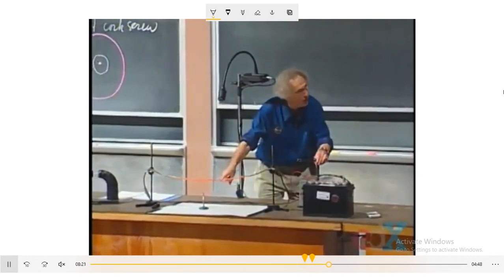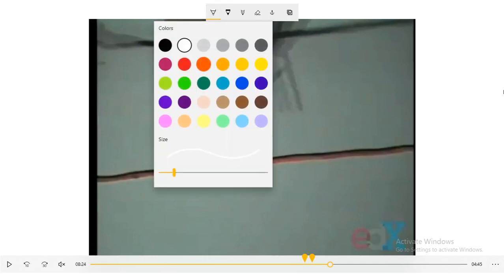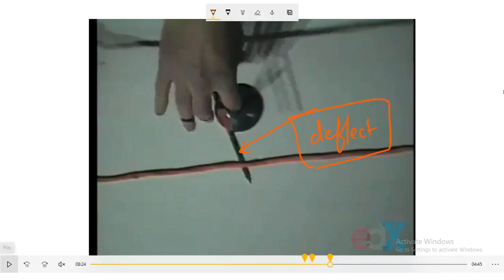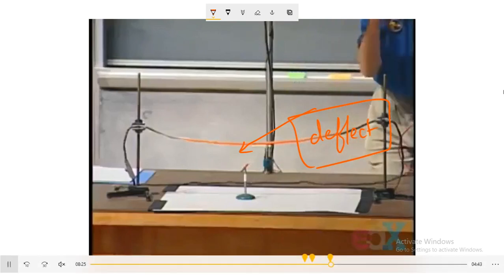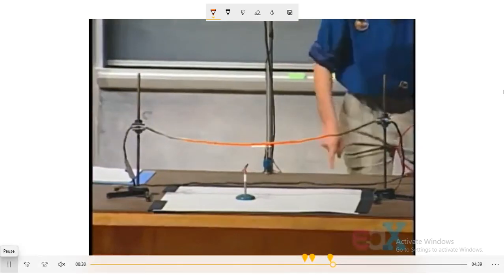When he switches on, observe the compass needle deflection. When the switch is on, the compass needle starts to deflect. Even though the needle swings back, the current is still flowing through the wire, and the compass needle is showing a particular direction.